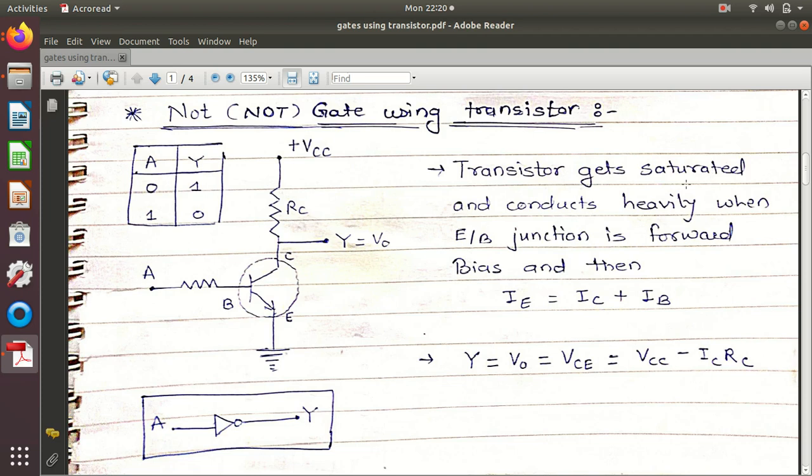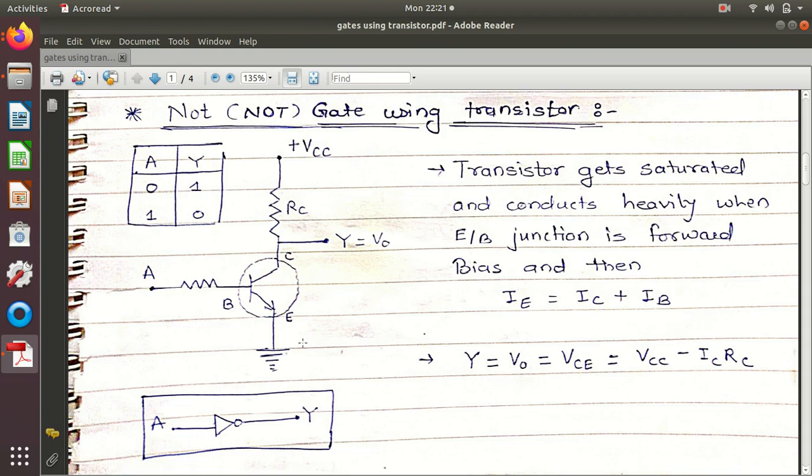When it is in cutoff condition, we say that it is acting as an open switch. So we must know when we will say the transistor is in saturation and when it is in cutoff. When it is in saturated state, it will act as a closed switch. When it is in cutoff state, it will act as an open switch.